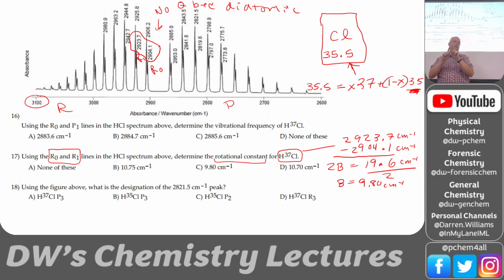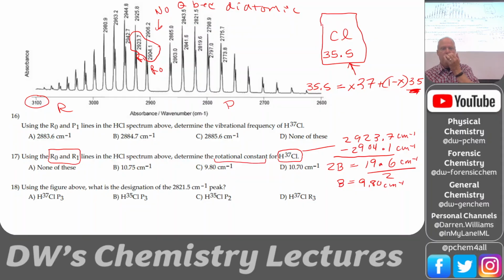There's a slight difference in the mass, obviously the reduced mass, but the reduced mass is really governed by the hydrogen. So there's really not much difference in the structure of 37 HCl and 35 HCl. There should be a slight change in the reduced mass, but the bond length should be the same because it's the charges on the nuclei that give you the bond length.